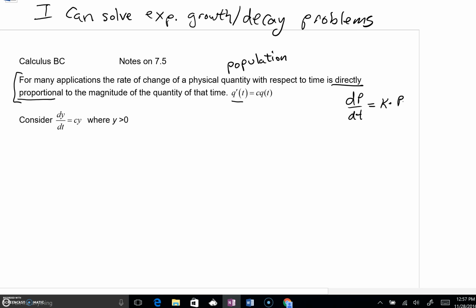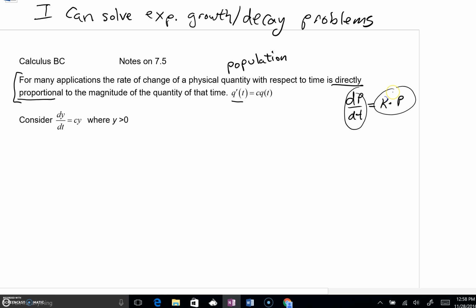Now, believe it or not, this is something that is used quite frequently, because it actually can make a lot of sense. Here's what we're talking about. Let's just say you have a very small group of people. The population, how it's changing with respect to time. If you have a very small population, like a very small city, you generally wouldn't expect to see a huge change in the population.